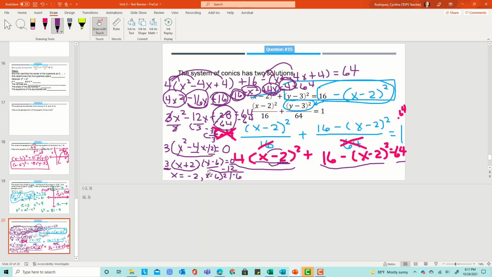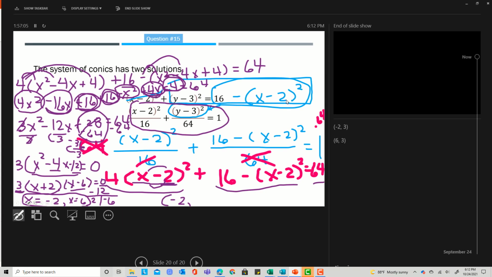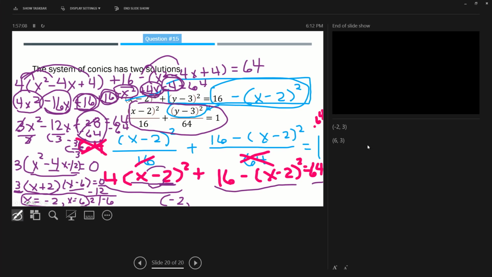Now those are the possible x coordinates. So I'm running out of room here. But basically, and I've written over my equations, you pick one of these, substitute in negative 2 for x, and solve for y, and then you get y equals 3.